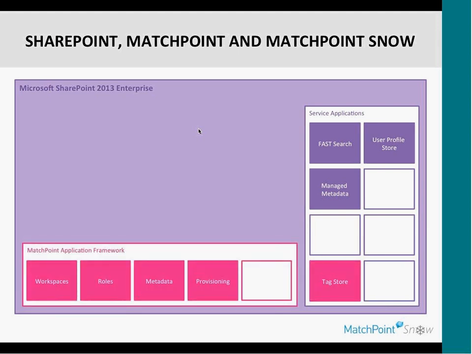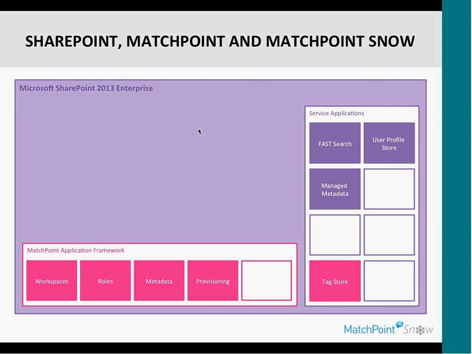The other side is, of course, MatchPoint with the various functionalities that MatchPoint brings to the table. We have the functionality of workspaces, which are used within MatchPoint Now. Every Now workspace is a MatchPoint workspace, based also on a MatchPoint provisioning template.